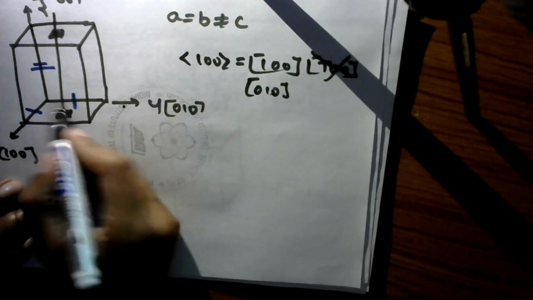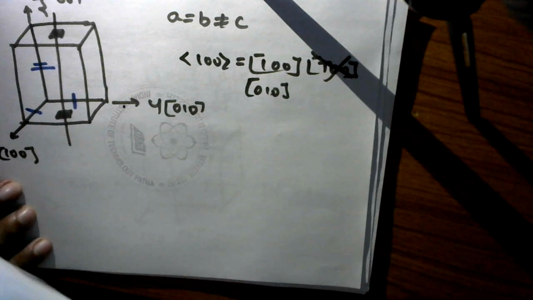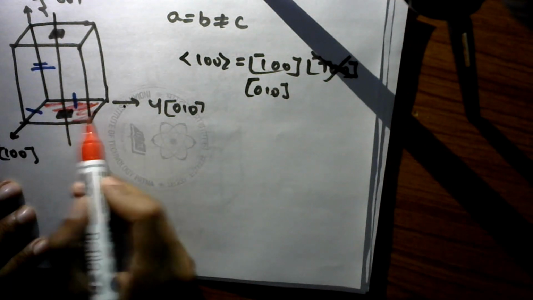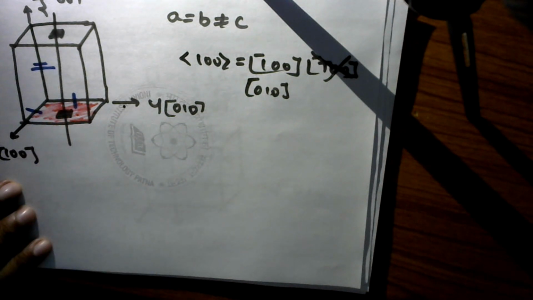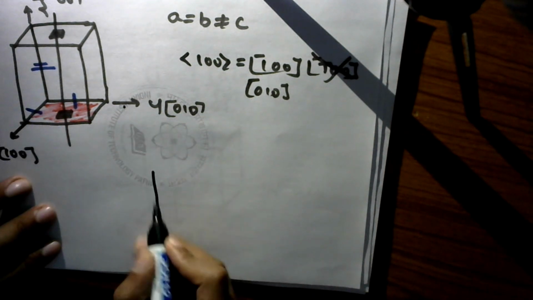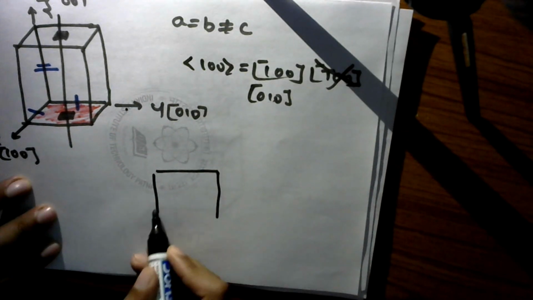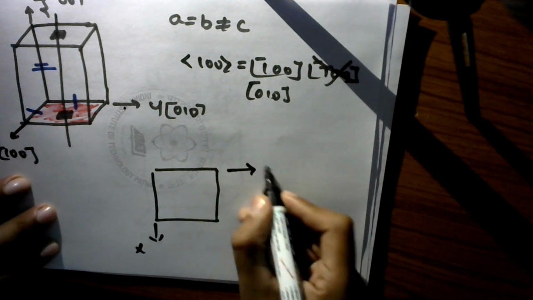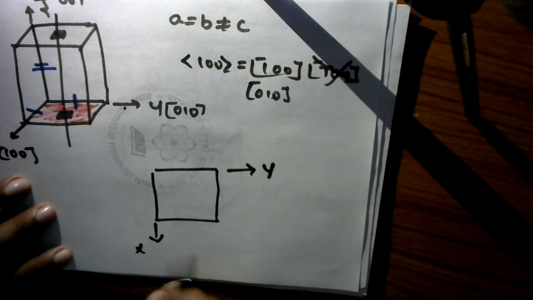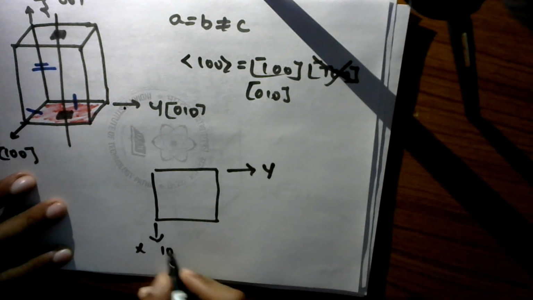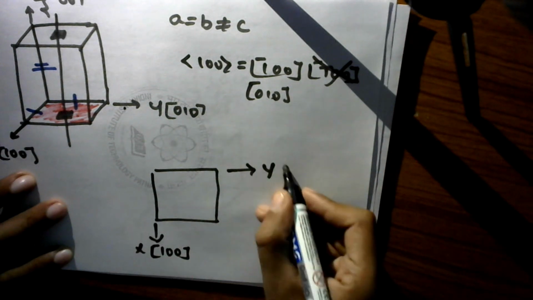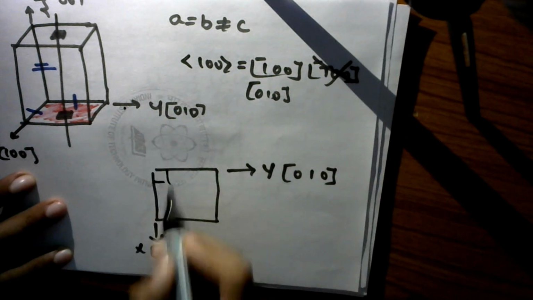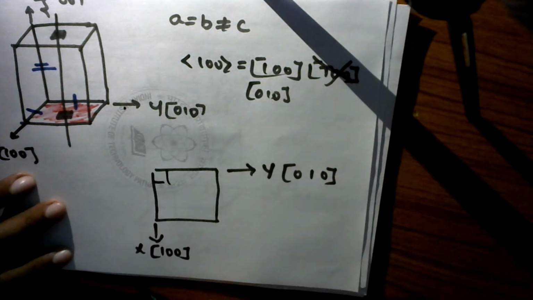Now let's say I am making this square separately over here. So this is my x-axis, this is my y-axis, and this is 1 0 0, this is my 0 1 0. If I rotate x by 90 degrees, I'll get y.